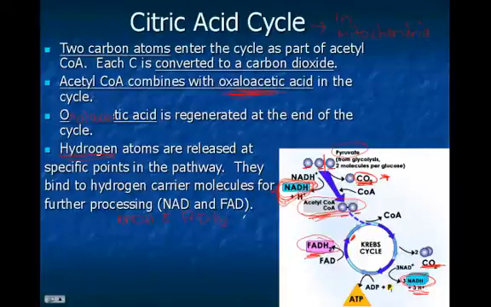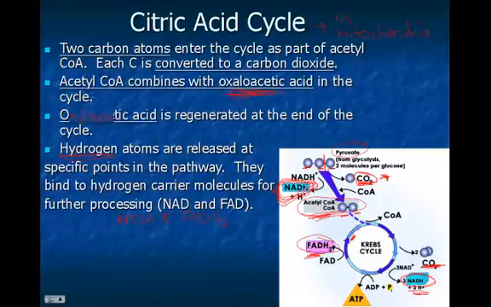Without getting into too much of the chemistry of this, guys, and I know this is hard, this part I think is the most difficult for students to understand because we don't have time to get into the chemistry of it, but I just want you to picture the basic idea here: we're breaking down these chemical bonds of pyruvate, that were originally pyruvate and acetyl-CoA. The energy that was stored in those bonds is now going to be released to these carrier molecules in the form of electrons.